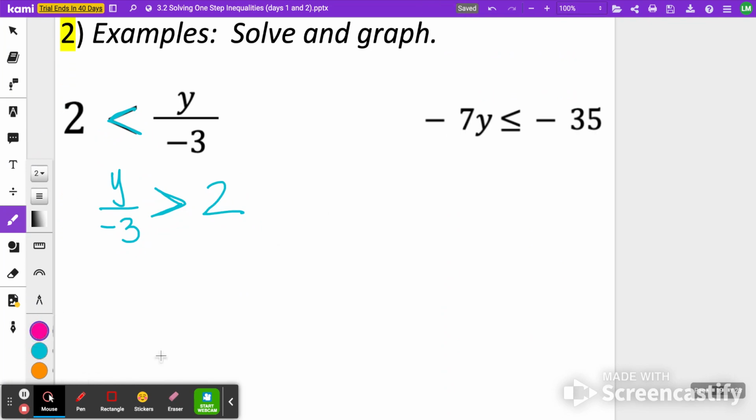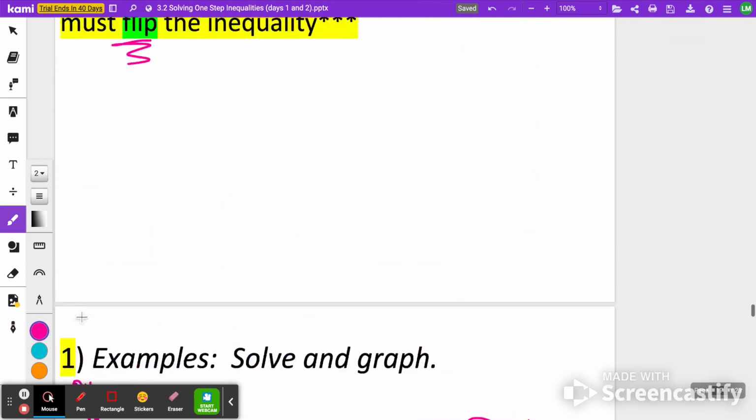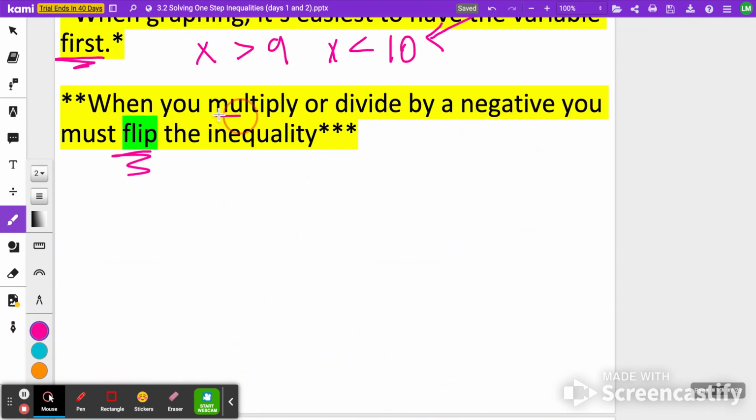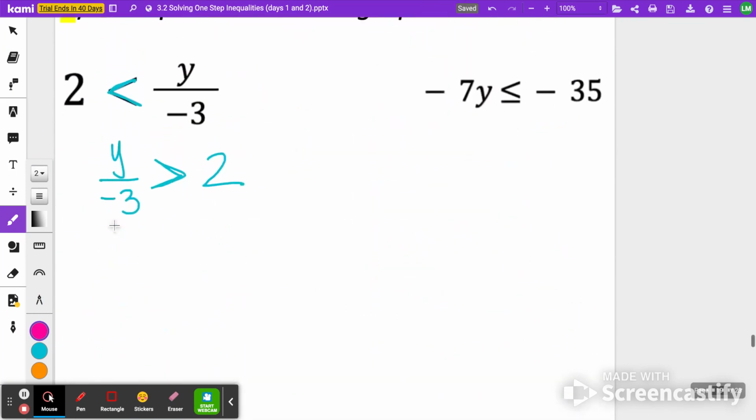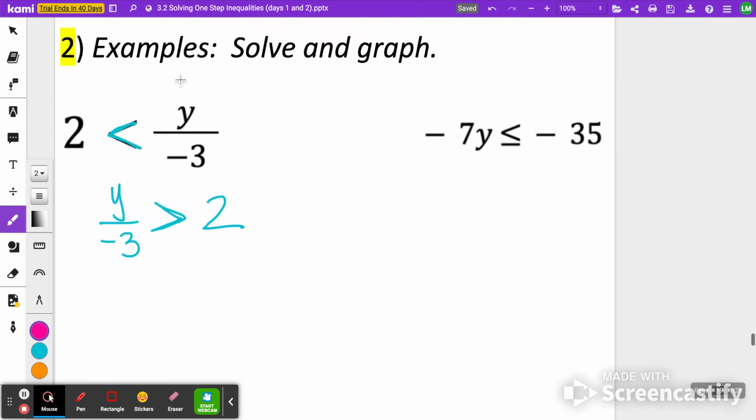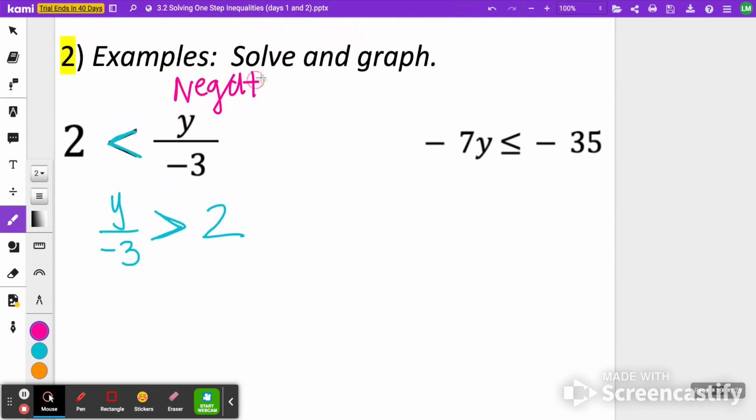Now, back in the very beginning of these notes, it says, when you multiply or divide by a negative, you must flip the inequality symbol. We are about to multiply or divide by a negative here because there is a negative with the variable.